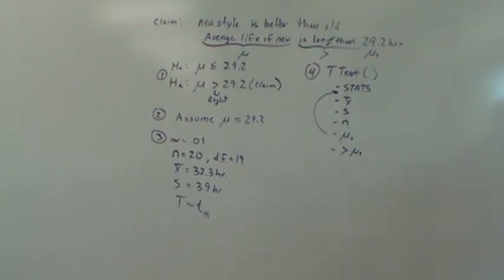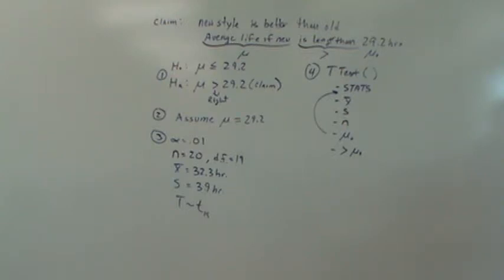And now mu 0 is 29.2. That's what we're assuming. X bar is 32.3. S is 3.9. N is 20. And our alternative hypothesis is greater than mu 0.